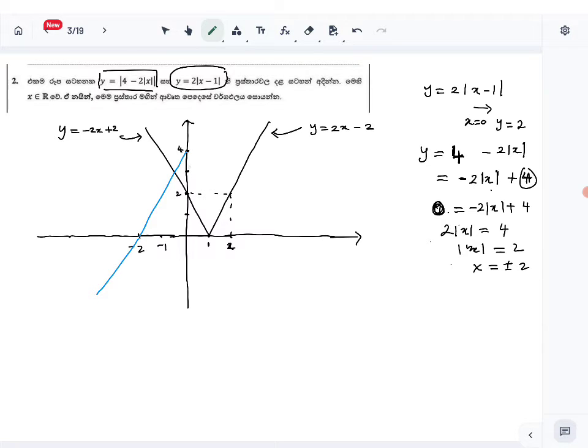And the other one has to go through 2. So like that.